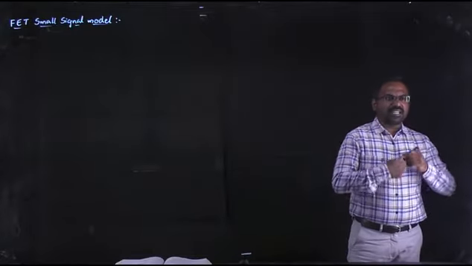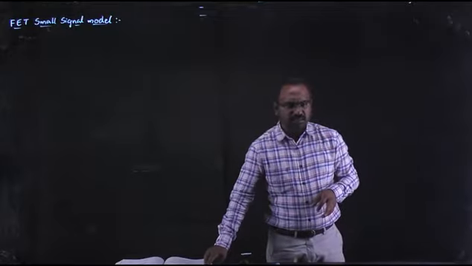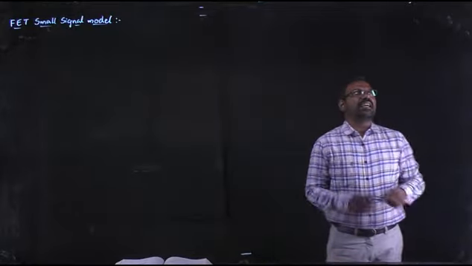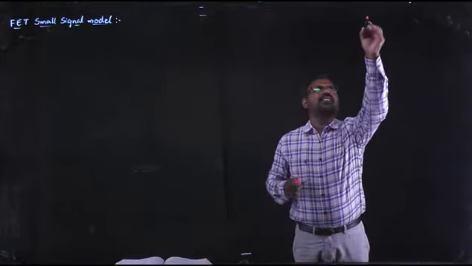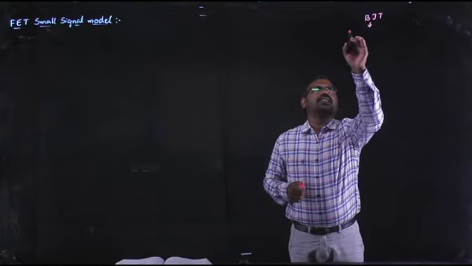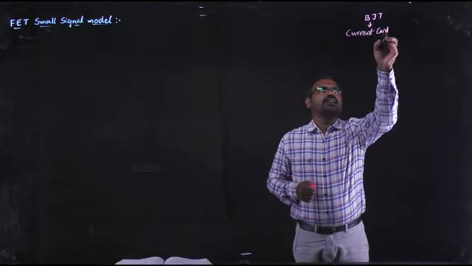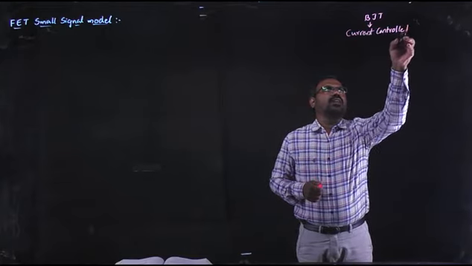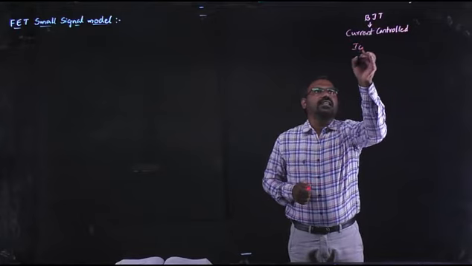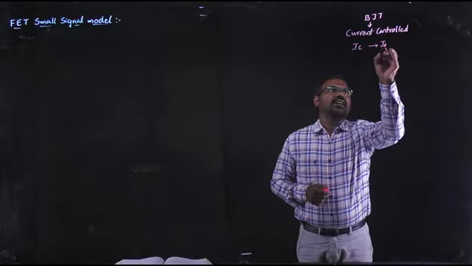Because the BJT, bipolar junction transistor, is a current controlled device. We have already seen the differences. It is a current controlled device because the output current IC is completely controlled by the input current IB.